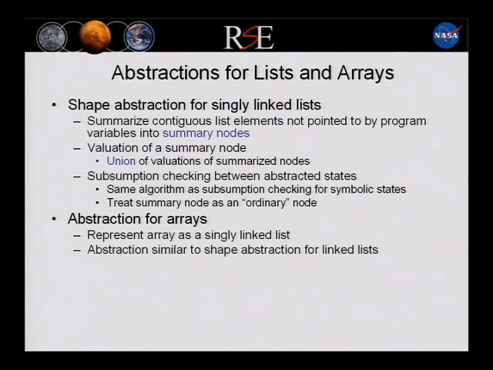So a summary node will encode the union of the values of the nodes that were summarized. And then we apply subsumption checking to these abstracted heap structures that have these summarized nodes. And we also defined an abstraction for arrays that uses these singly linked lists.